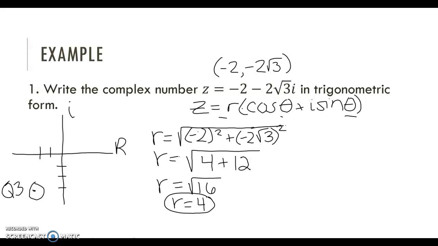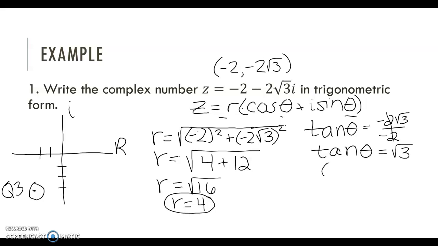Next, let's find theta. Tangent theta is equal to b over a, so -2 square root of 3 over -2. The -2's simplify, and we're looking at tangent of theta equaling the square root of 3. When we think about our unit circle, the first place that tangent is equal to the square root of 3 is when theta is equal to pi over 3.